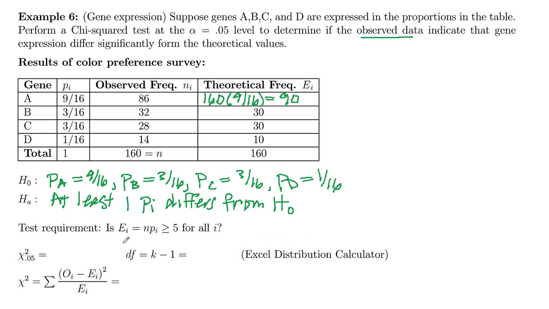Our test requirement is that all of the expected counts here have to be greater than 5. That is true. And now we will figure our critical value here. So our degrees of freedom, we've got 4 groups. So 4 minus 1 is 3. And then we want 0.05 level, so chi-squared 0.05.